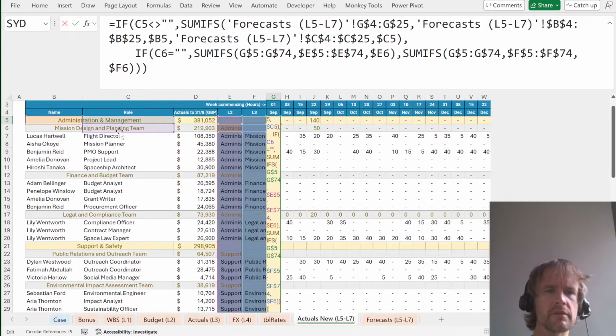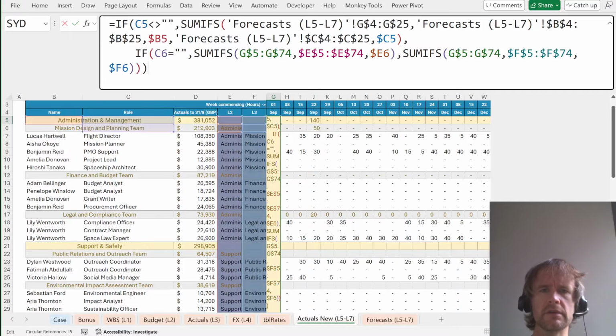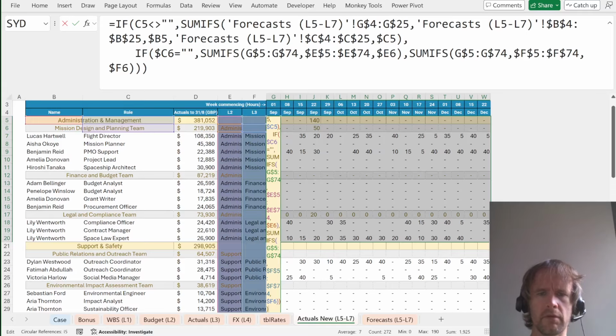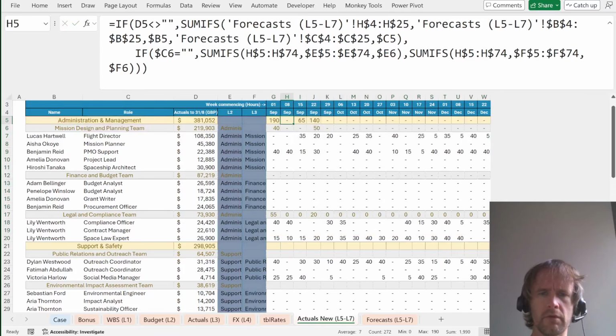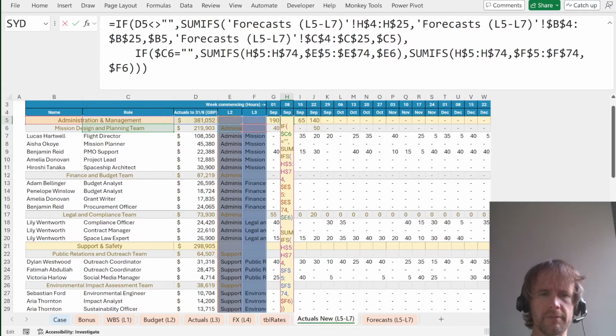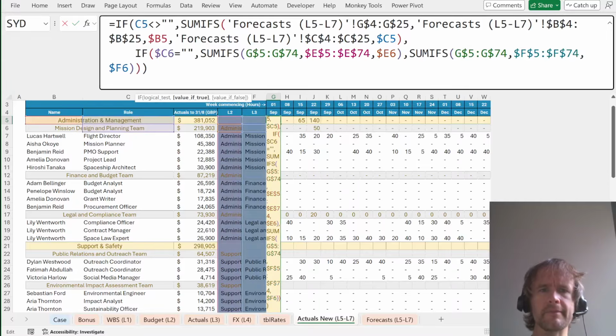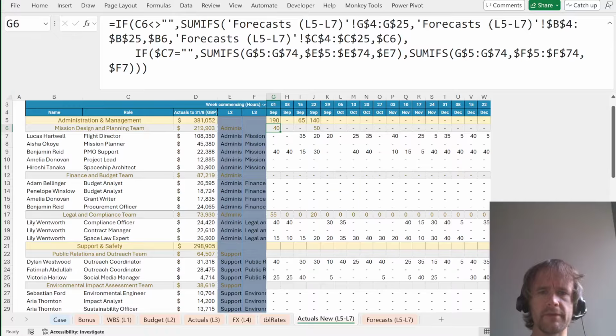So this is a reference to C6. Ah, yeah, there it is. It's missing $1. That is not working. Why not? Oh, yeah, that reference to C5 is also missing $1. Where is that? Ugh, right at the top. Stupid.